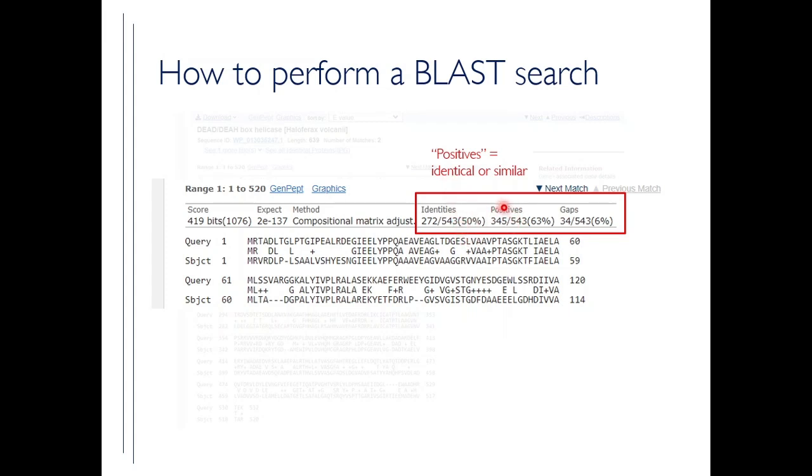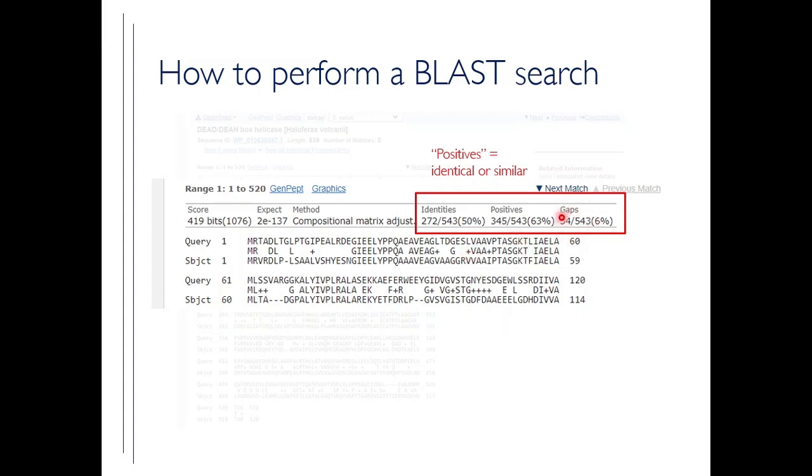The positives include those that are identical and any that are similar. As you hopefully recall, not all amino acid changes are that different from each other. This will include any residues that are different but perhaps very similar, which are designated via a plus here. For example, leucine and valine are pretty similar in terms of their chemistry, so there's a plus that's been put here.